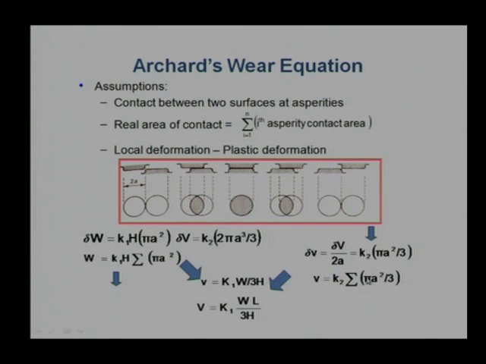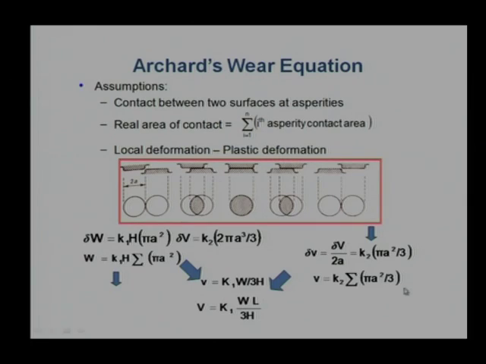So, this pi a square is common, and both are summations. We do not have to count the number of asperities. It can be n, can be 2 n, can be 3 n, and n can be anything. So, it is the easiest expression for us to remove pi a square, which is uncertain for us.